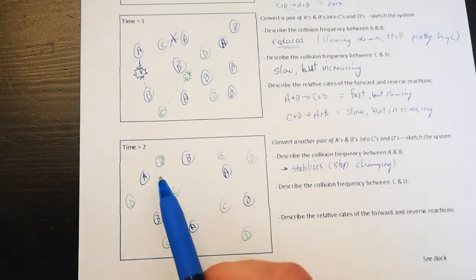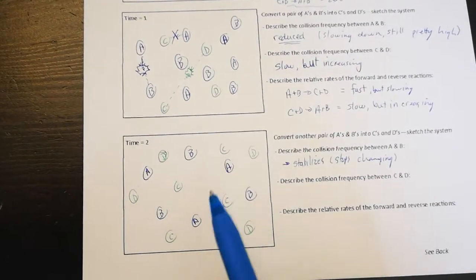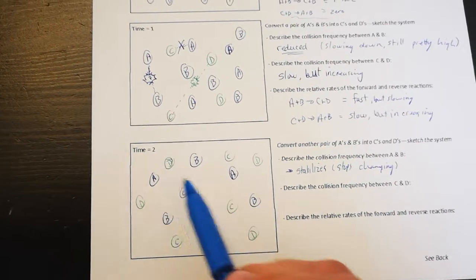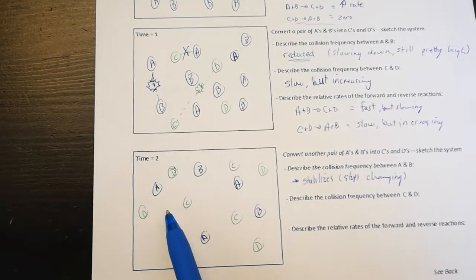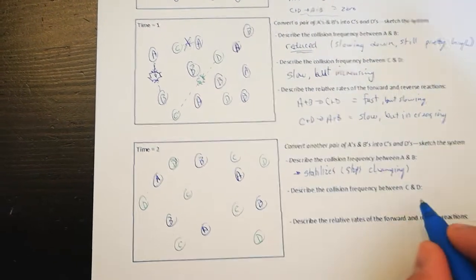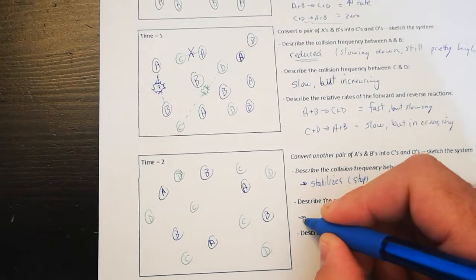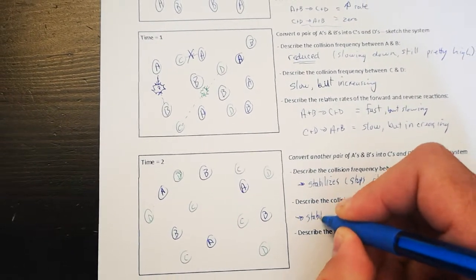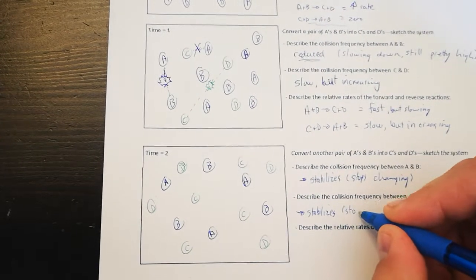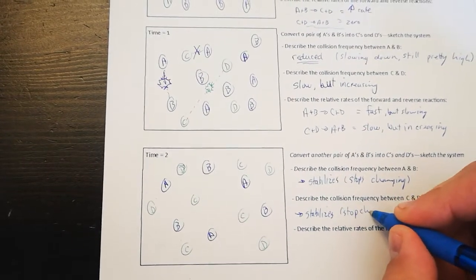So this means to say that A's and B's are being turned into C's and D's at the same rate that D's and C's are reforming A's and B's. So for every A and B consumed, another A and B is produced by the reverse reaction. So the collision frequency between C and D stabilizes, meaning this rate stops changing.